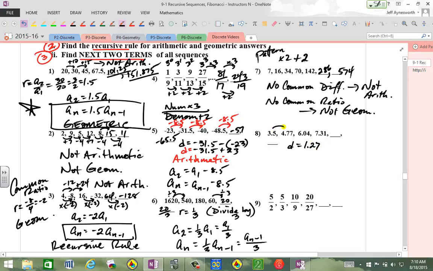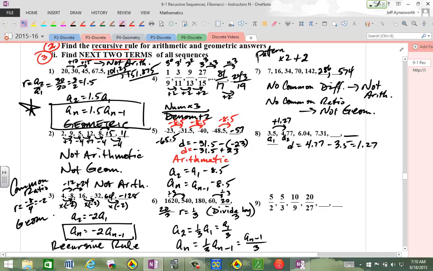So here you add 1.27. I found it by subtracting. Let me write that down. So 4.77 minus the previous term, 3.5, equals 1.27. That's how you find a common difference. Take a sub 2 and subtract a sub 1.